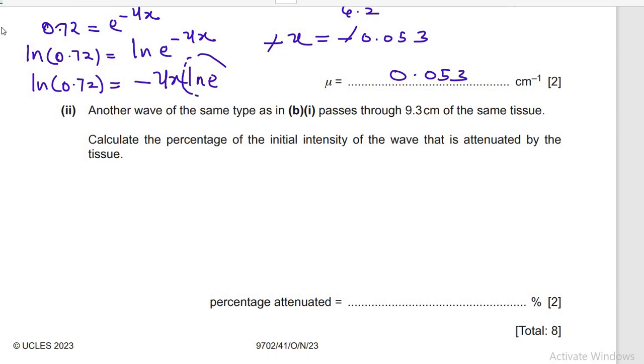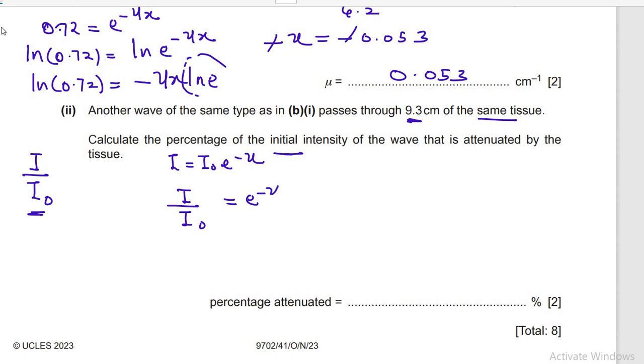Last question in this paper. Another wave of the same type as in B passes through 9.3 centimeters of the same tissue. Calculate the percentage of the initial intensity of the wave that is attenuated. I over I naught is the ratio of transmitted over the original.